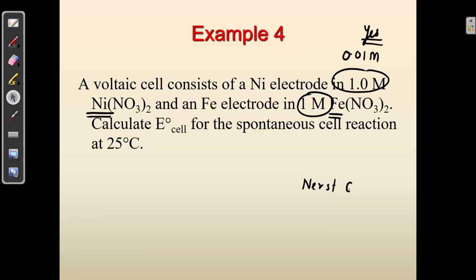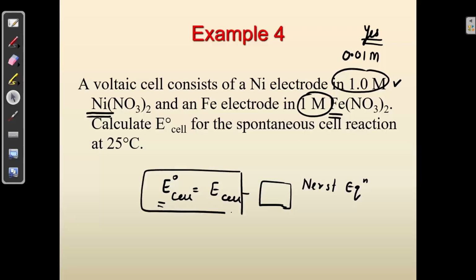The Nernst equation is just a modified form of this E naught cell, with a minus term involving the log of the right-hand side upon the left-hand side, to calculate the E cell, because we are now changing the concentration. If it is 1 molar, you can simply go with E cathode minus E anode.